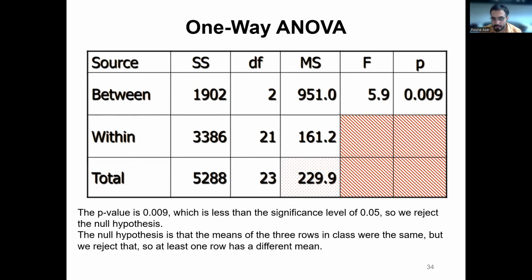So we reject the null hypothesis. The null hypothesis is that the means of the three rows in class were the same, but we reject that. So at least one row has a different mean.